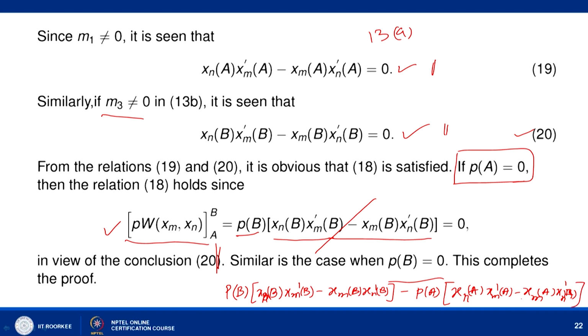So, we have from 19 this is 0, from 20 this is 0. So, this quantity is going to be true.